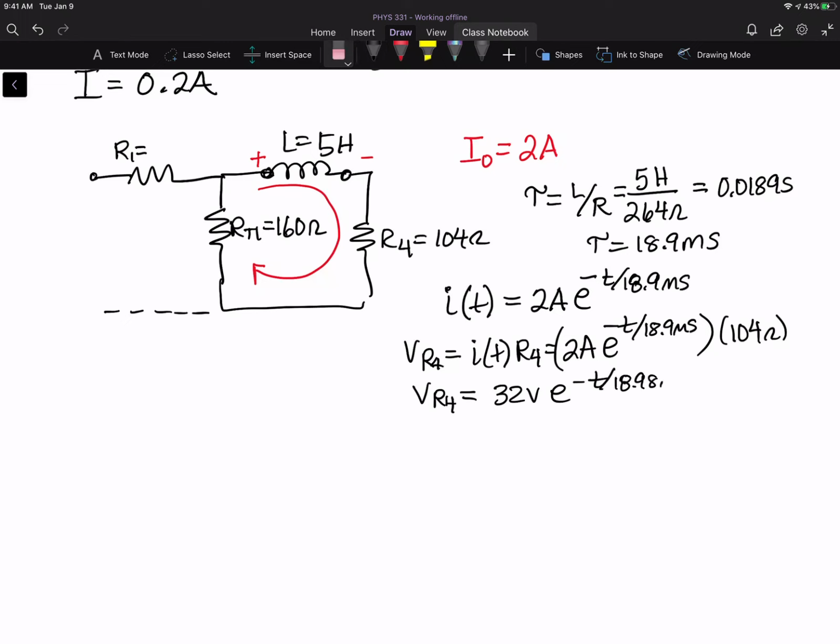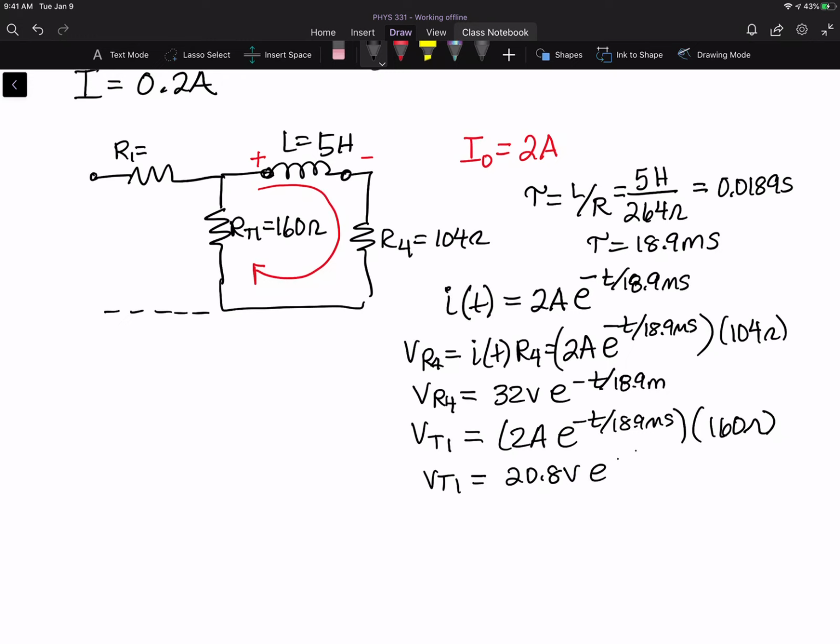And we can do the same thing for the total equivalent resistance of those two resistors in parallel. So this would be 2 amps e to the minus t over the time constant times that resistance of 160 ohms. So that particular voltage is 20.8 volts e to the minus t over 18.9 milliseconds.